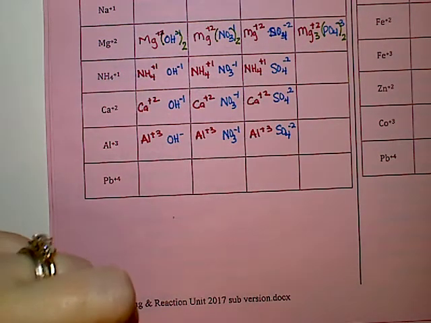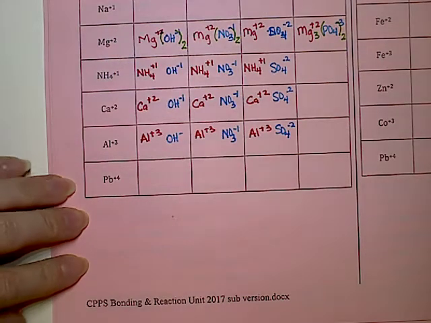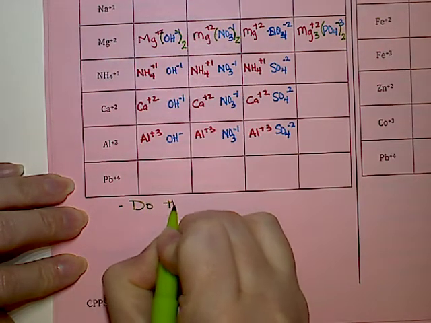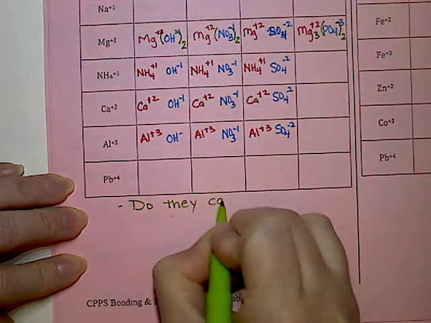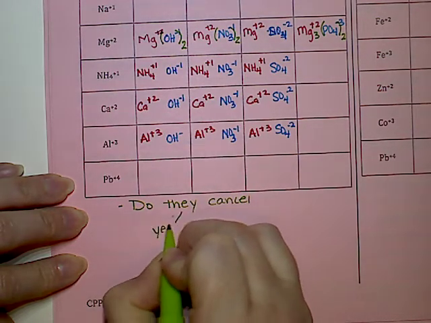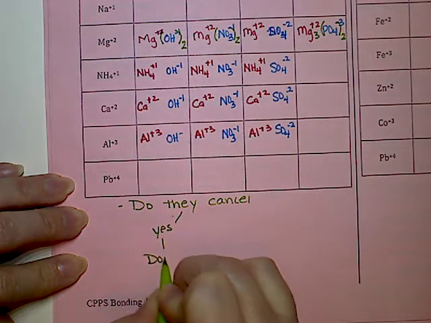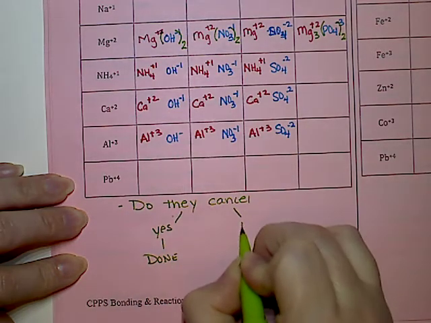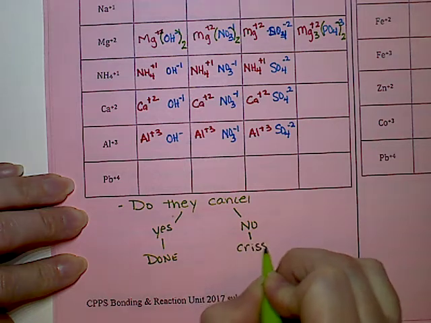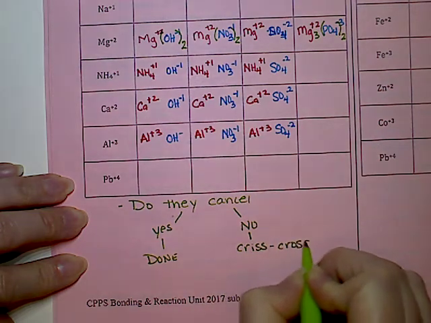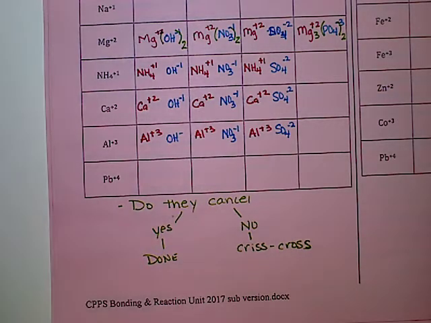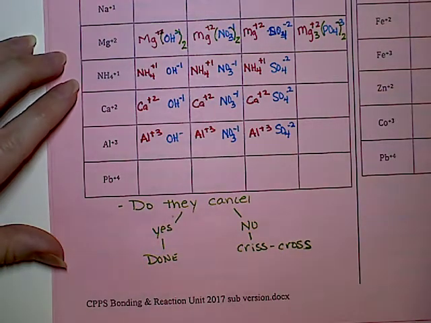Now I have to ask myself, do they cancel? If we have yes, we're done. If we have no, then we crisscross. And we have to remember parentheses for our polyatomic ions.